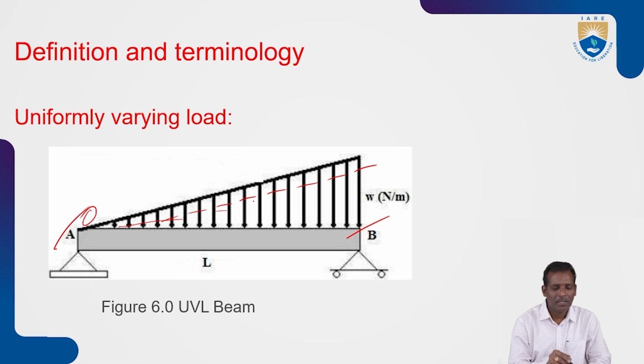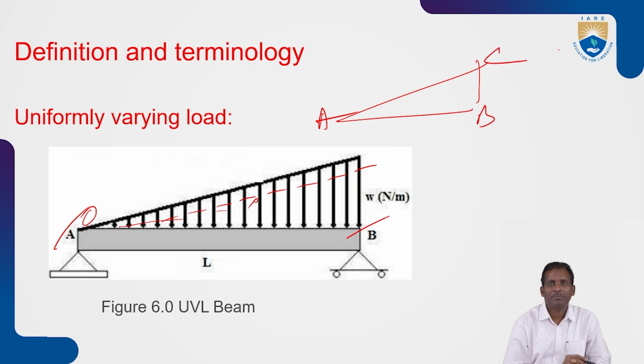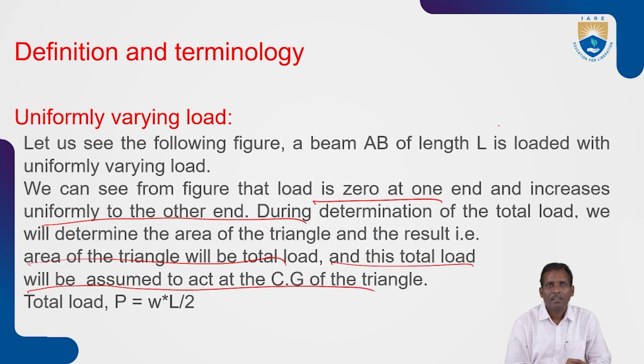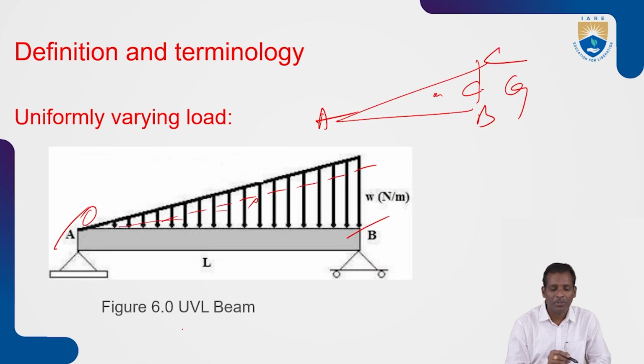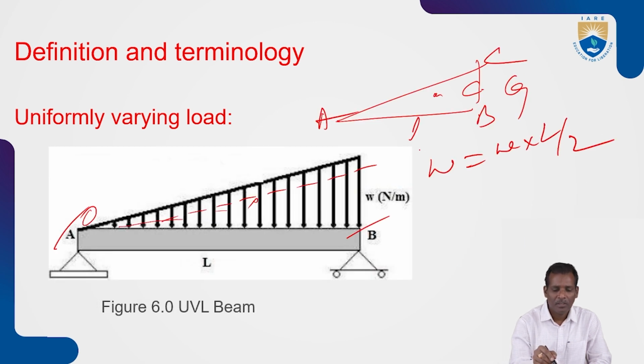The triangle is ABC. Thus the total load P is equal to W into L by 2, so half of the length.